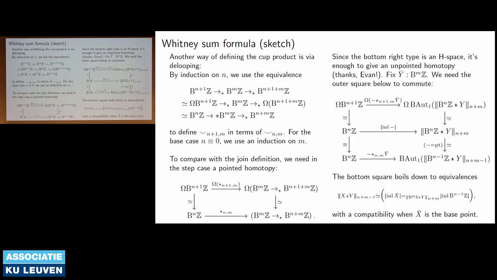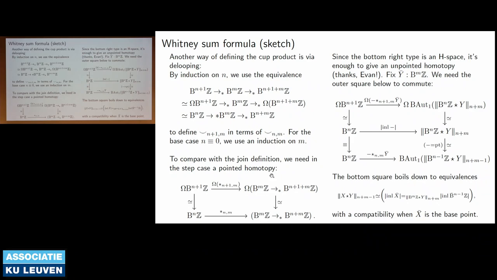So in this step case in n, which is what I've illustrated, we need a pointed homotopy that fills this square here. And so this is really a homotopy of bipointed maps, but it suffices, since the final type is an H-space, to just give an unpointed homotopy. So I think we call this Evan's trick, so thanks, Evan.